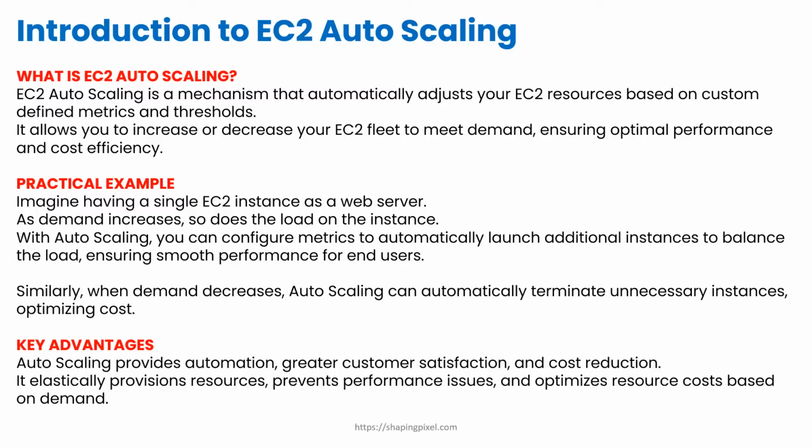Imagine having a single EC2 instance as a web server. As demand increases, so does the load on the instance. With autoscaling, you can configure metrics to automatically launch additional instances to balance the load, ensuring smooth performance for end users. Similarly, when demand decreases, autoscaling can automatically terminate unnecessary instances, optimizing cost.